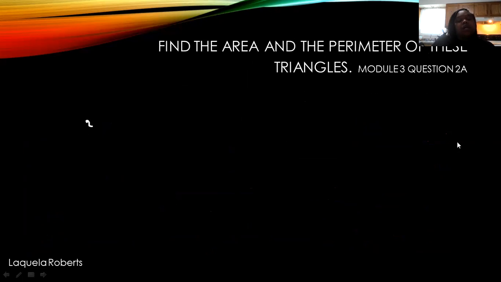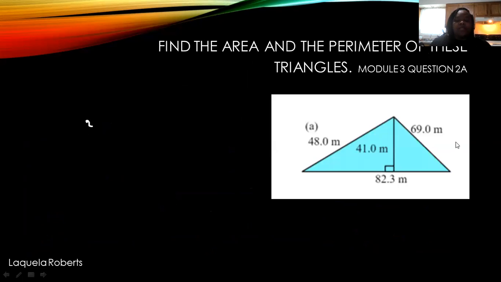Question number 2. Find the area and the perimeter of these triangles. Our first one, we're going to use the formula of area equals half base times height, and that gives us half times 82.3 times 41, and so we multiply that and we get 1,687.15 meters squared.